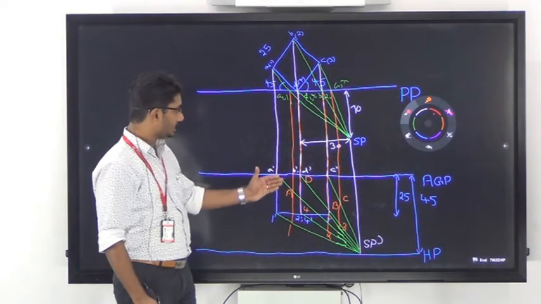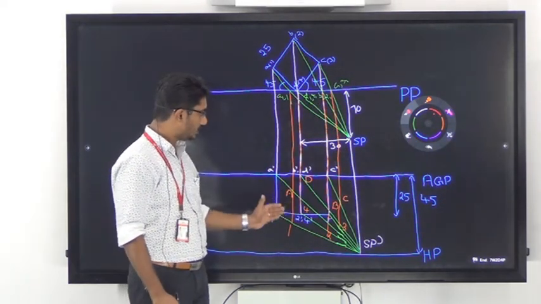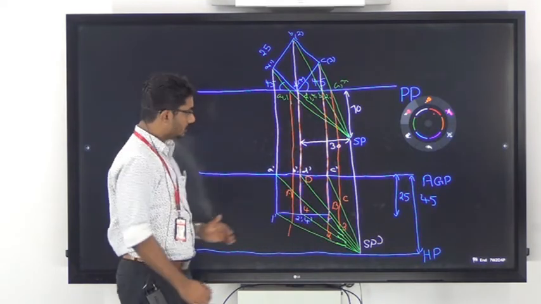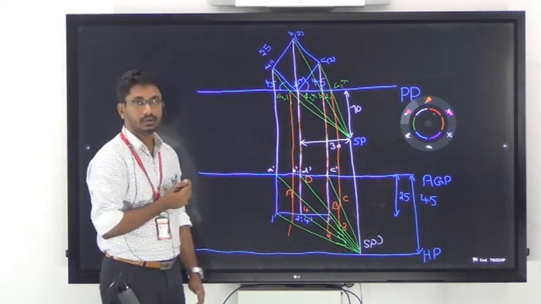So we got the points A, B, C, D and 1, 2, 3, 4. These points are the points on the final perspective view.